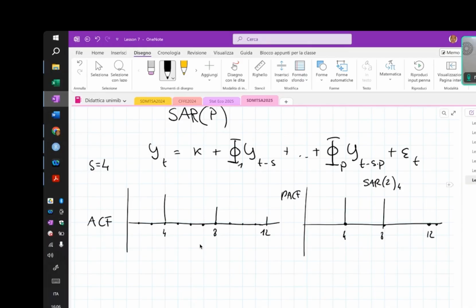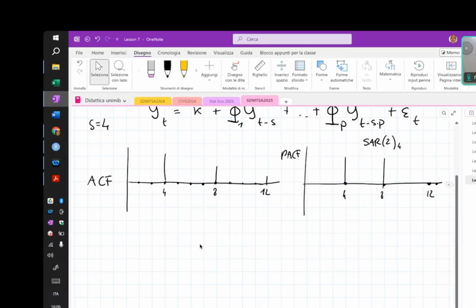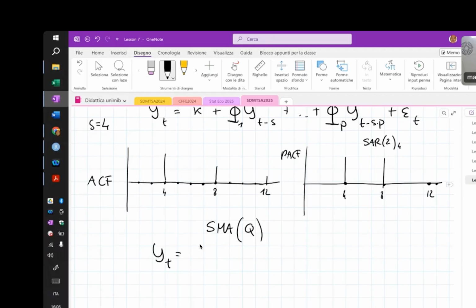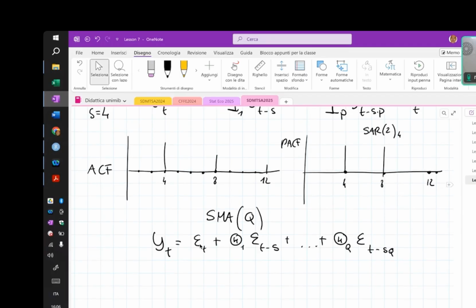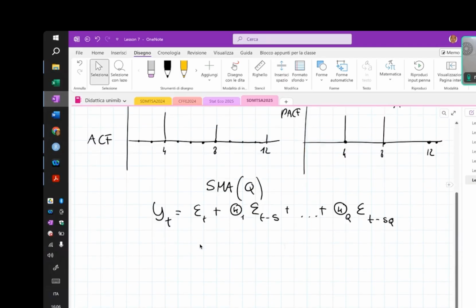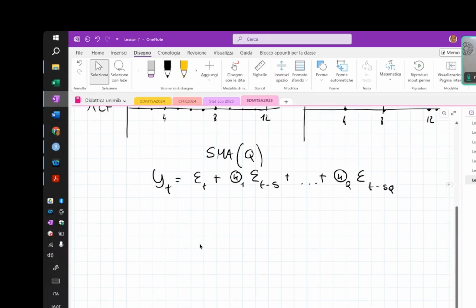What about the seasonal moving average? Well, as in the non-seasonal case, the two things just flip around or swap, whatever you want to say in English.